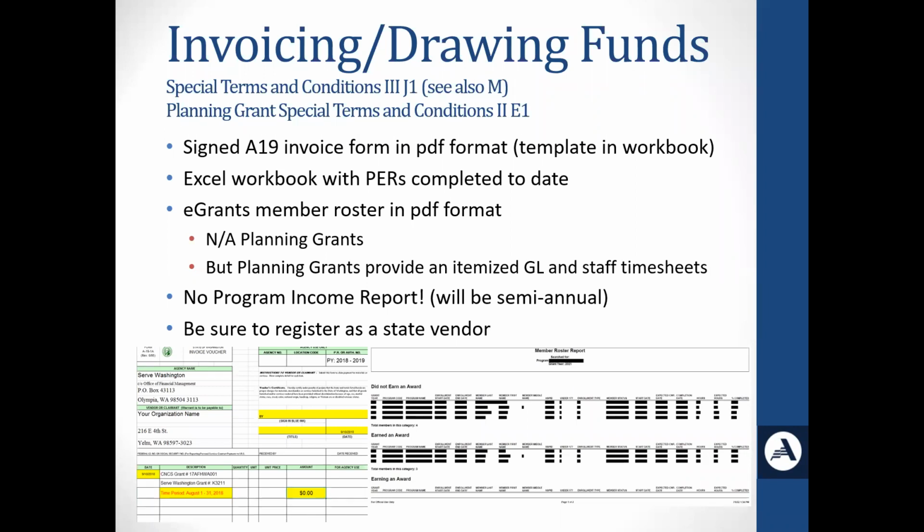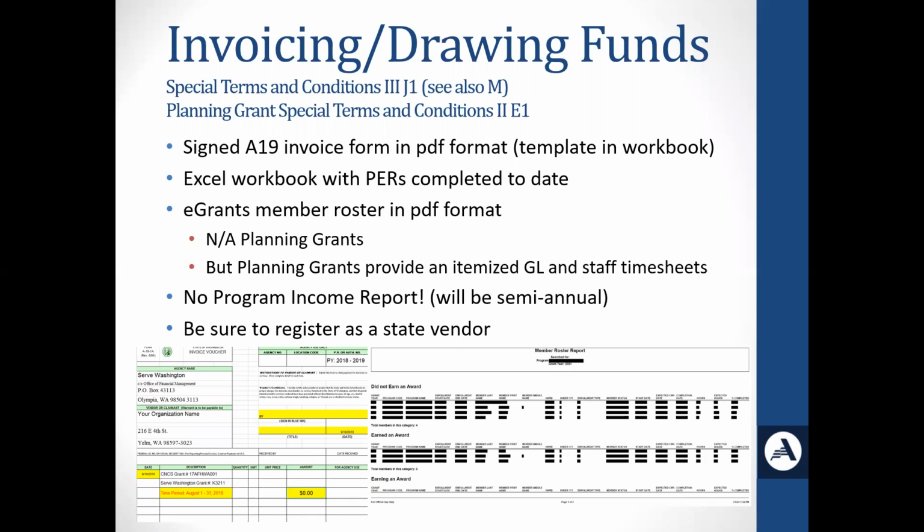That is what we're doing to eliminate the FFR. So we will get the A19, we want that as a signed PDF. Then we get the full workbook with all of the PERs completed to date. If you change a prior month's PER, that's going to throw off all the cumulative numbers.